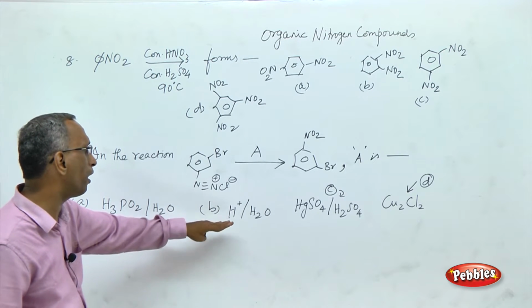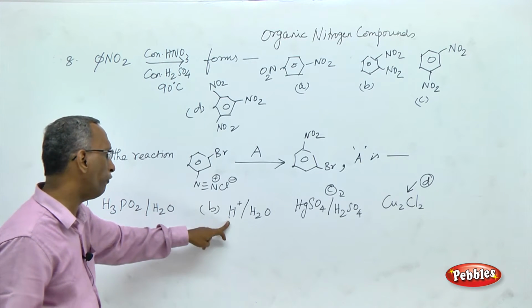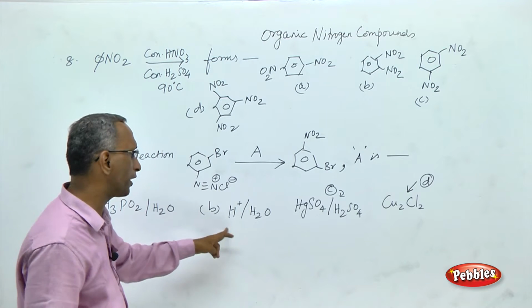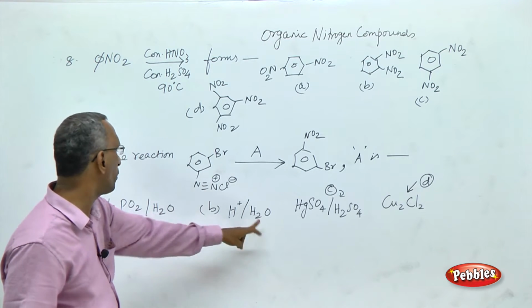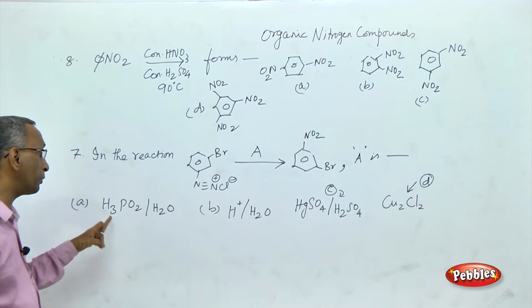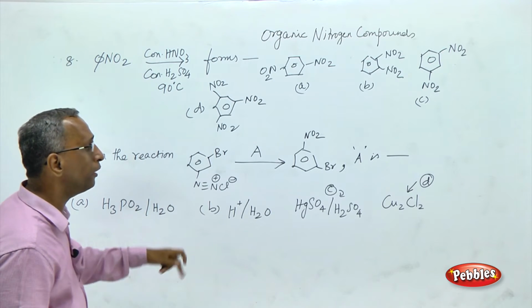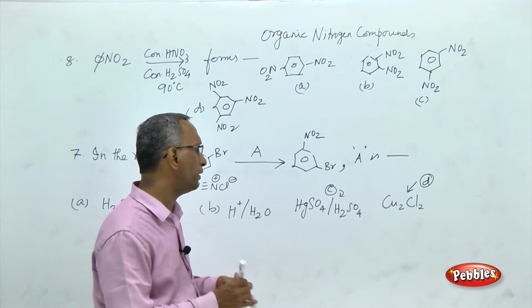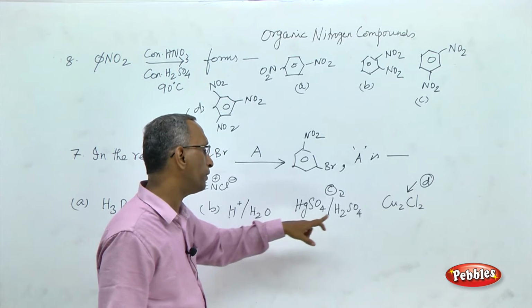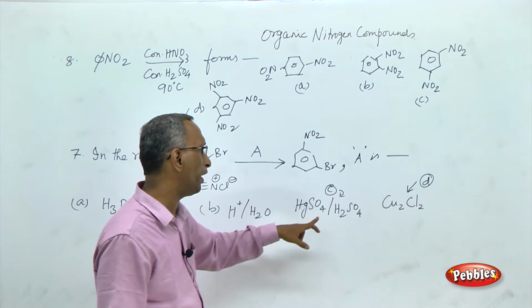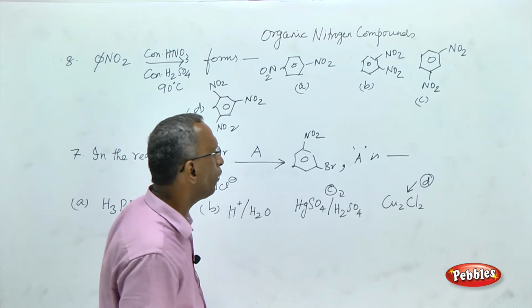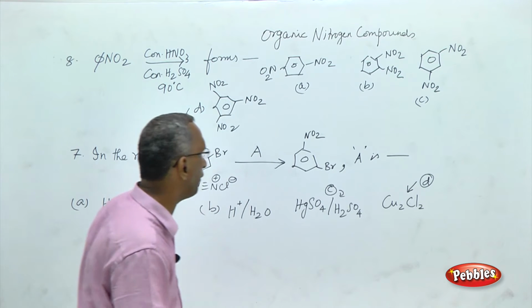So nitric acid or hydrochloric acid, if it can be used, is generally mentioned as H+. Of course it is dissolved in water. Third choice, mercuric sulfate and sulfuric acid. Fourth choice, cuprous chloride.